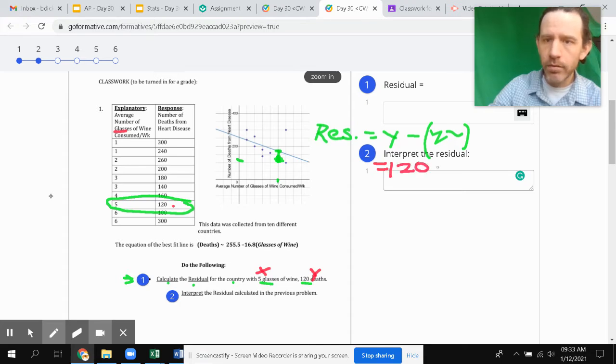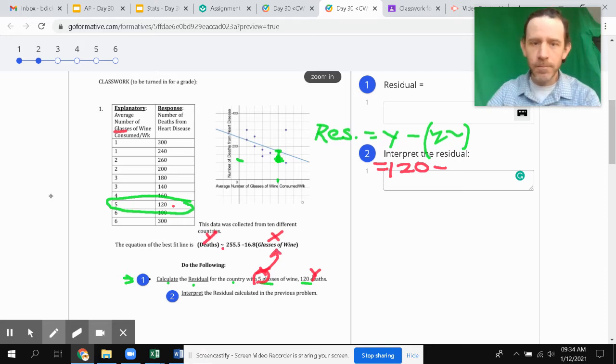What we don't have is this y hat, this predicted y. And how are we going to get that? Well, we get that from the equation of the line. See the squiggle there? That's our y. And this is our x for the equation of the line. So I'm going to take this 5 and plug that into the equation of the line.